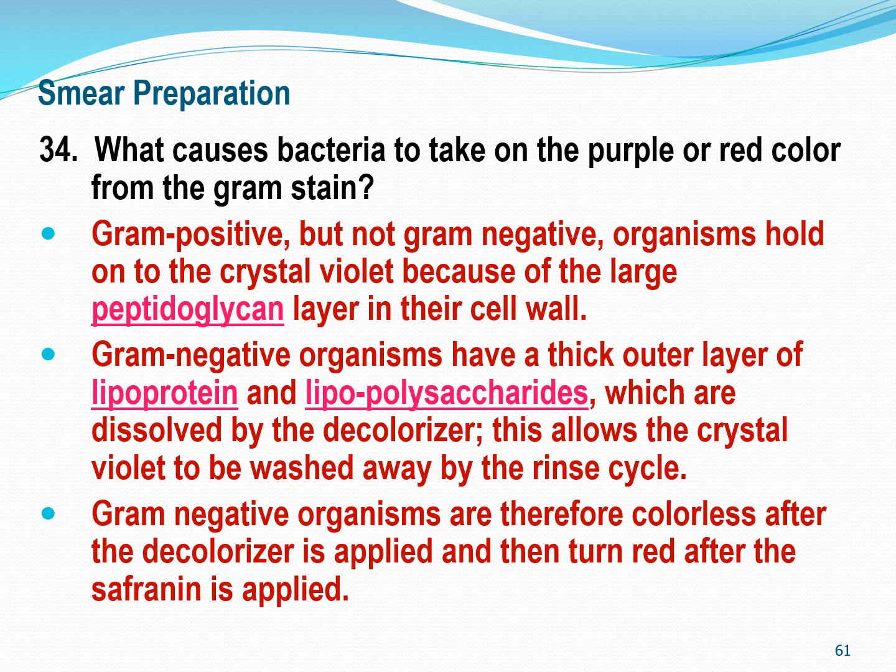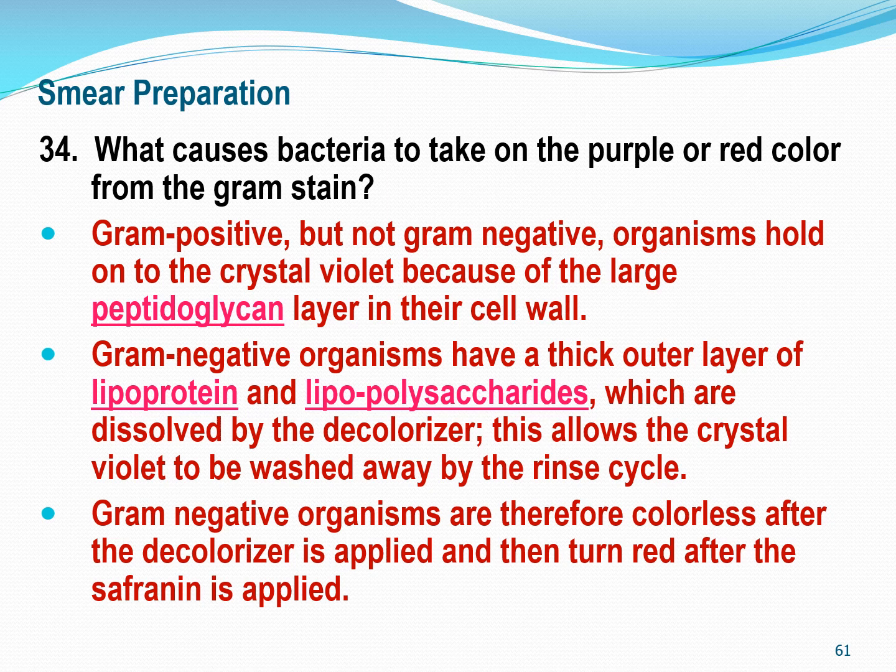Okay? This allows the crystal violet to be washed away by the rinse cycle. Okay? So you can see where the gram-positive will hold on to that color, but the gram-negative can't because of the difference in the layers of their cell wall.